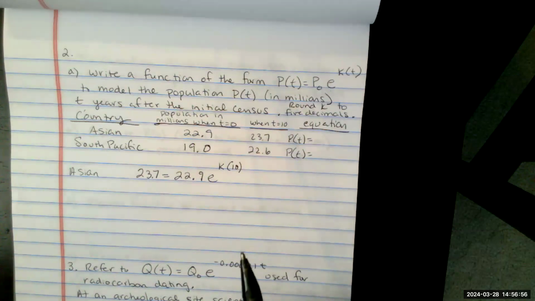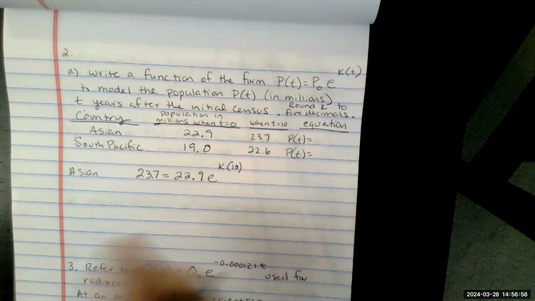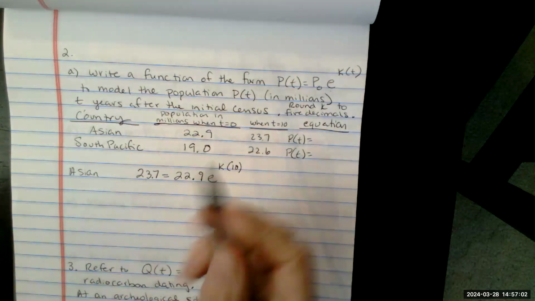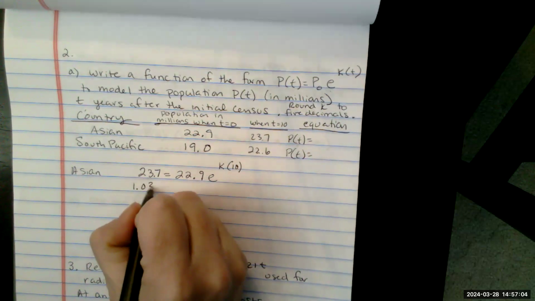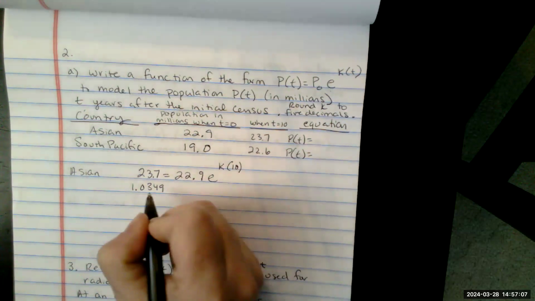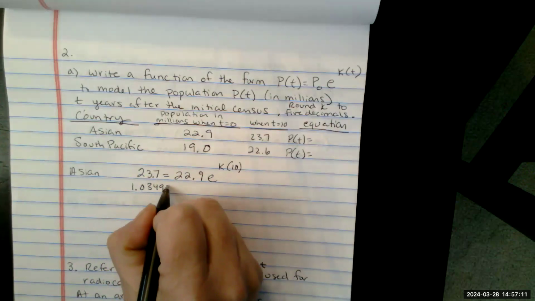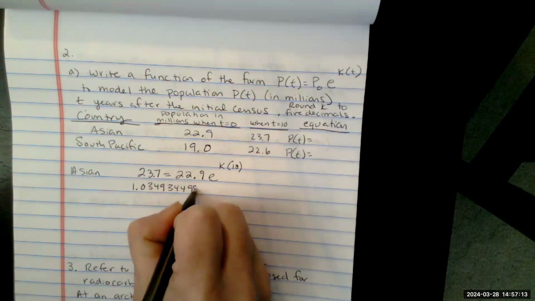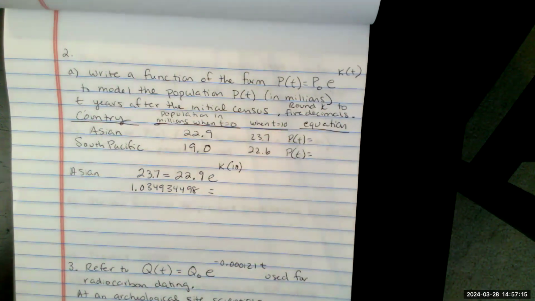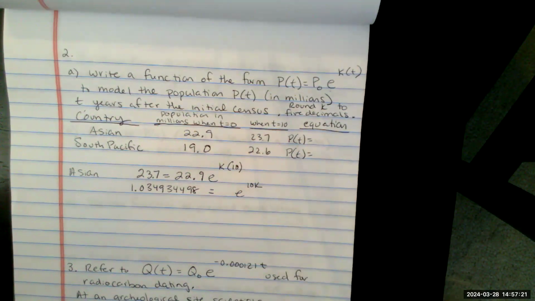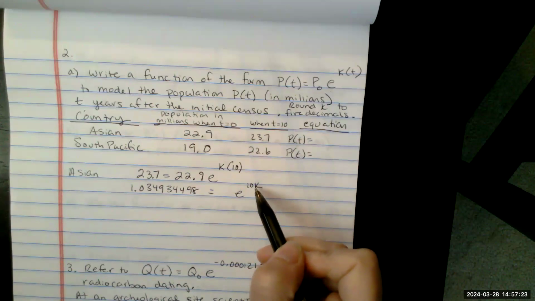How do we solve it? Same way. I'm going to divide by that 22.9, and then I'm going to take my ln. If you ever have to write a number down, you're going to write as many numbers as you see until you get to the end, and then you'll round to whatever they asked you to round to. Right now we're here. Instead of k times 10, I'm just putting 10k.